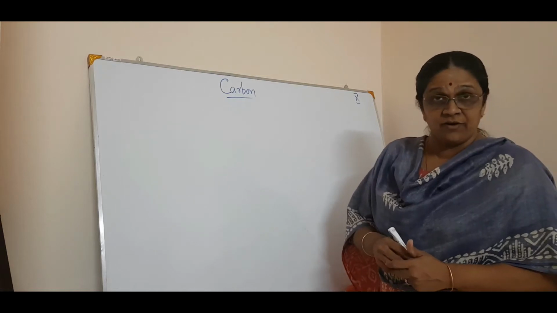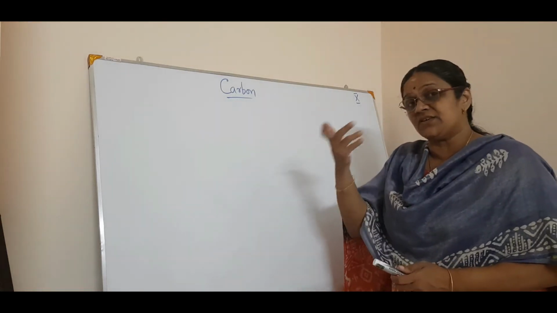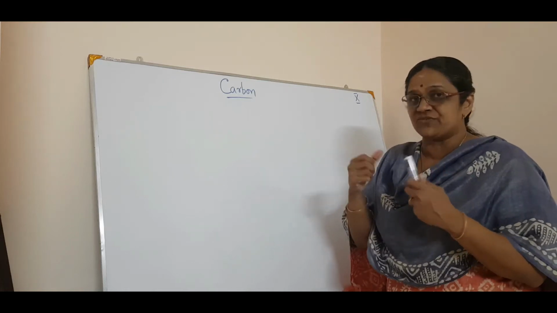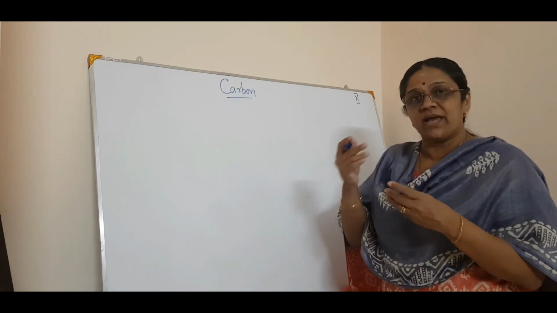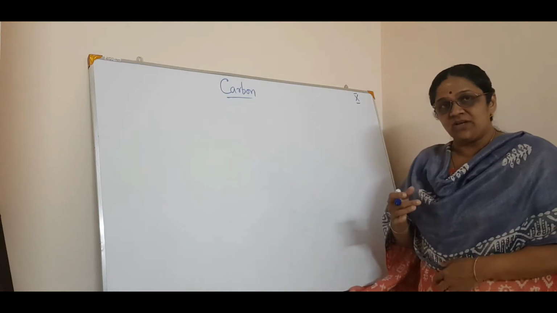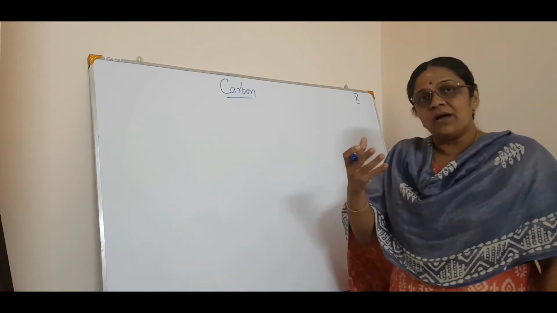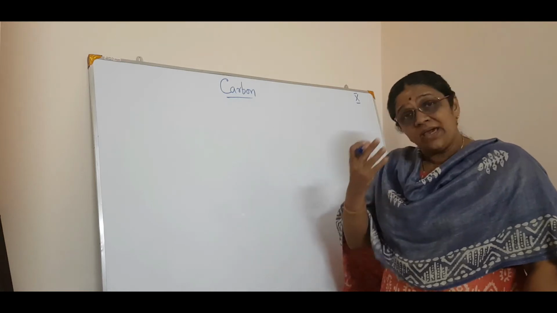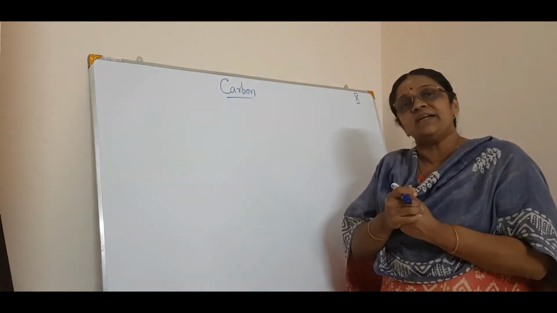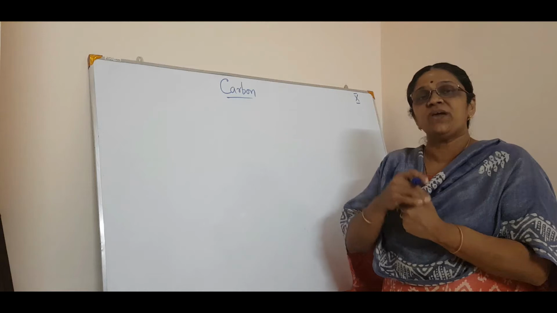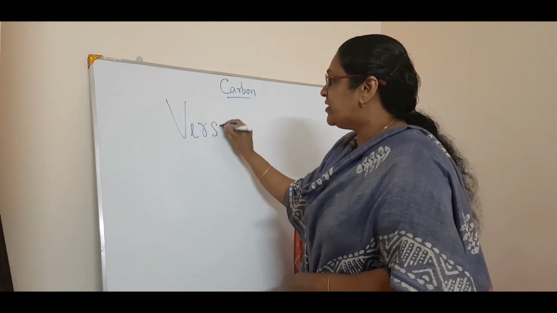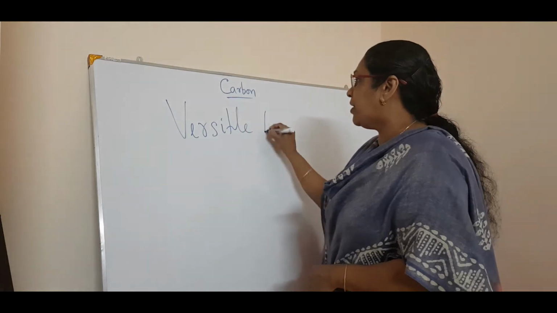Carbon can form millions and trillions of compounds. That is why there is a separate branch called organic chemistry, which is named after carbon compounds itself. So it has the capability of forming so many compounds. Now why, or from where, does this capability arise in carbon? That is why we talk about the versatility of carbon.